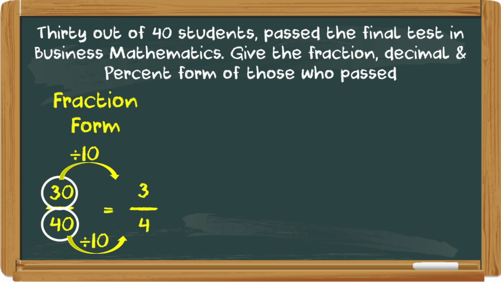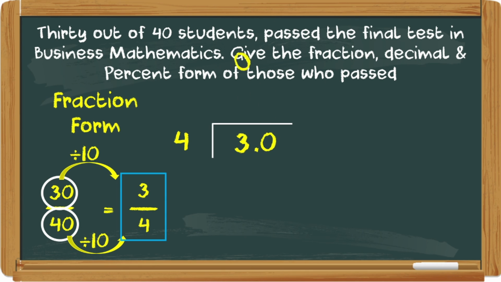And now, looking for the decimal form, using the long method of division, we'll have 3 as the dividend inside and 4 as the divisor outside. We cannot divide 3 directly by 4, so we'll add 0 and also to the quotient part. So we'll have now 30 divided by 4, that is 7. 7 multiplied by 4, that is 28.